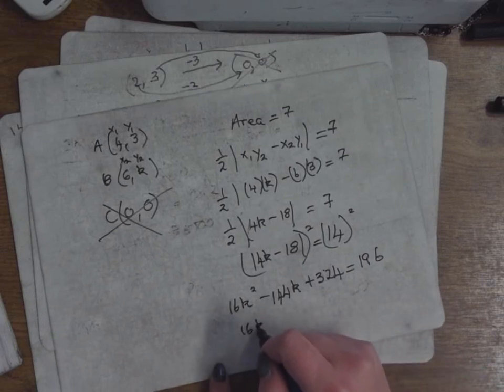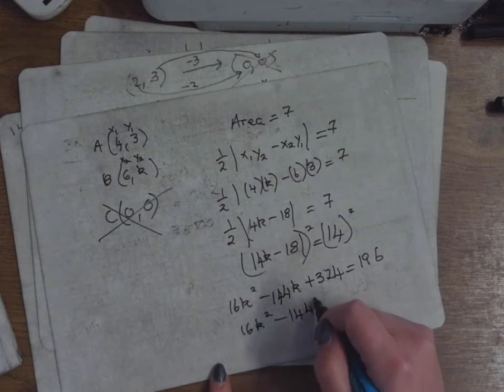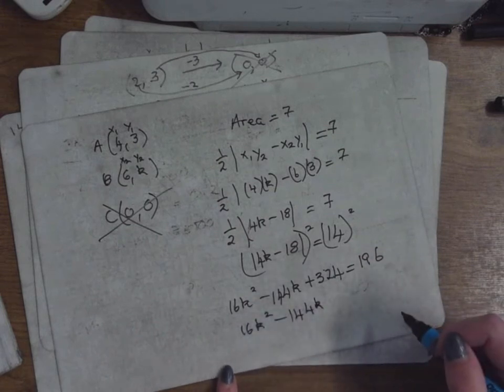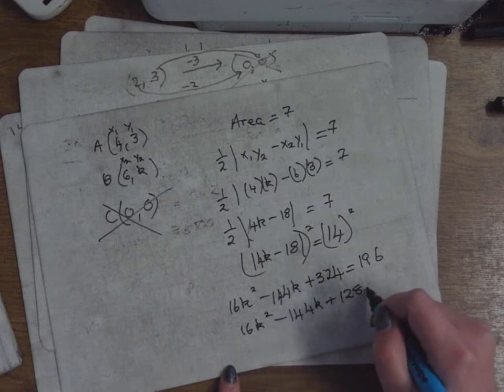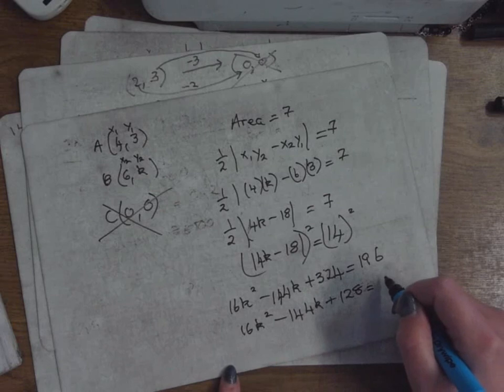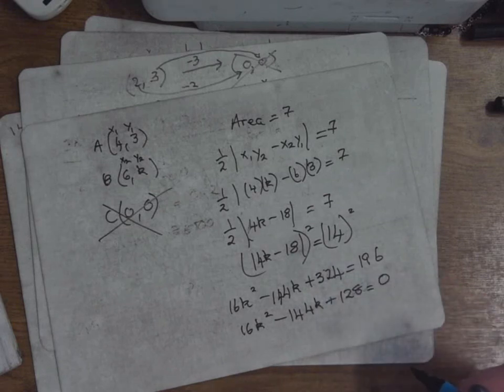16k squared minus 144k, then 324 minus 196 gives 128, plus 128 equals 0. Everything there divides by 4 anyway. Will it divide by 8? Yes.